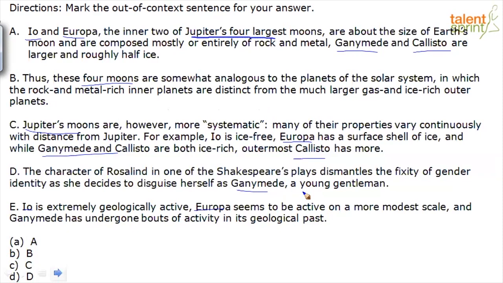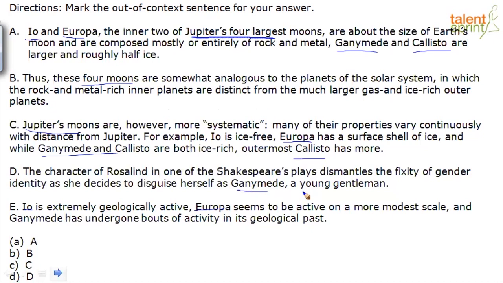Then C says Jupiter's moons are, however, so it goes on to expand a little more on the characteristics of these moons, right? It says Io is ice-free, Europa is a shell of ice, Ganymede and Callisto are both ice-rich.